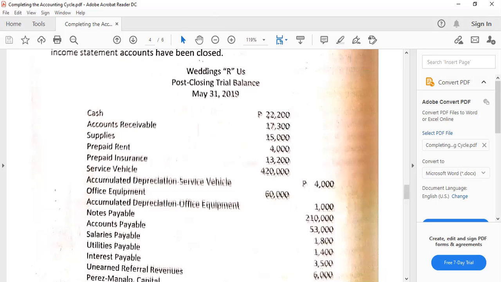So Weddings R Us, post-closing trial balance, we can improve this one further by putting the phrase for the month ended May 31, 2019. Just like when we prepared the trial balance, worksheet, all financial statements except the balance sheet, because the balance sheet will be worded as of, but the rest will be for the period ended.